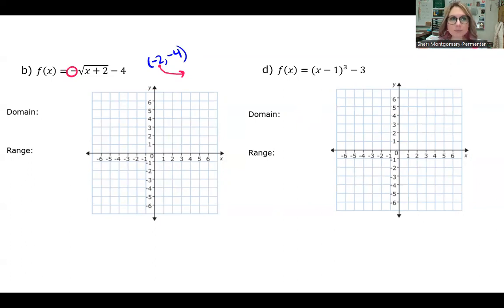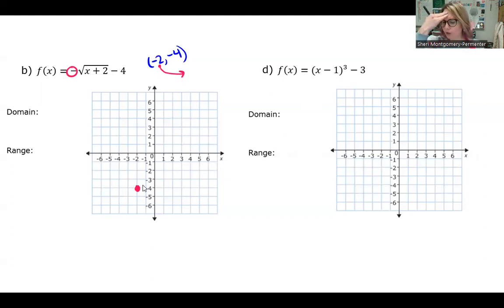I know my starting point is at -2, -4. Ella was right. We were just on the wrong problem. So from here, my starting point. I know that it's going to have this shape. I'm not stretching or anything.